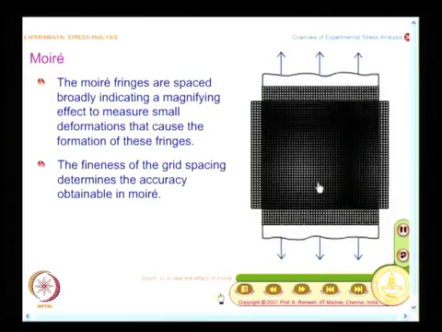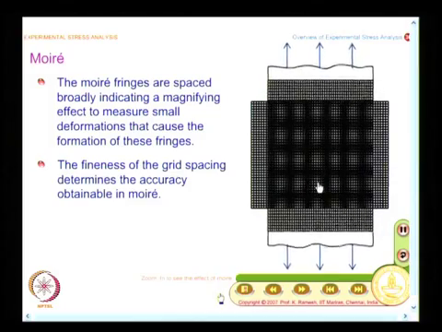We have seen in the problem of a disc, the fringes could be curved. You could get curved fringes, but you interpret whether these fringes belong to u displacement or v displacement by looking at what was the master grating direction.